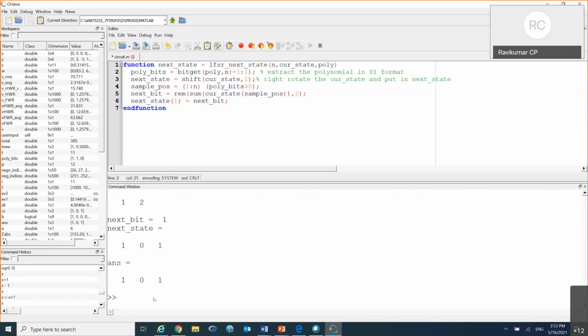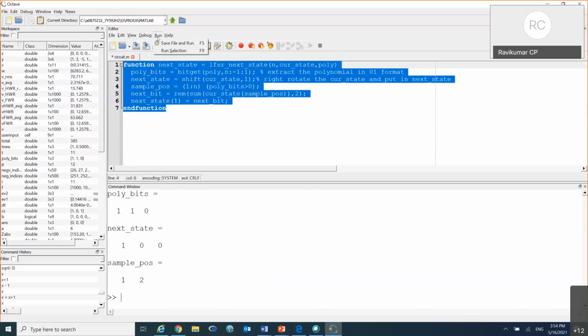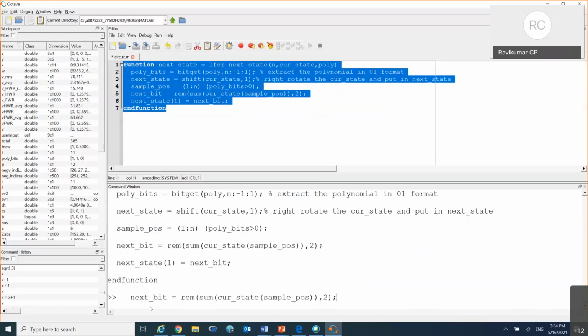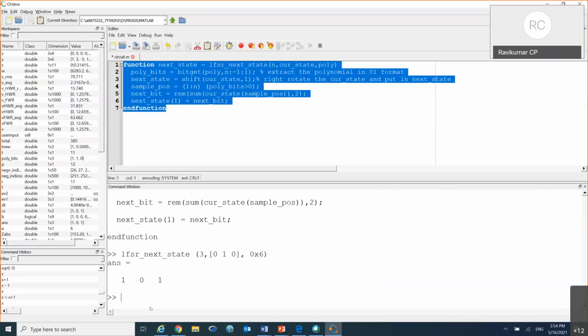So let us assume LFSR. So we'll start with 001. That gives me... so from 010 we go to 101.